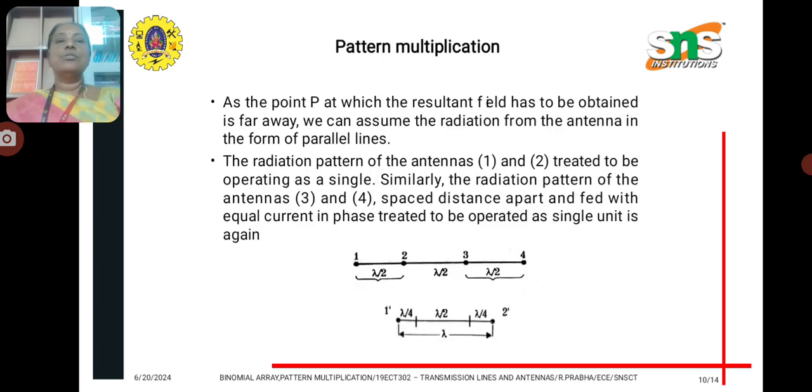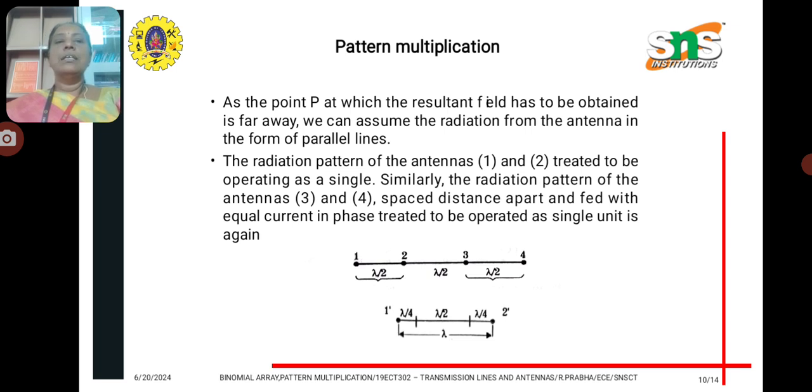According to the pattern multiplication method, for finding the individual pattern, we have to find the radiation pattern due to antennas 1 and 2. We know that for two antennas having equal amplitude and equal phase separated by lambda by 2 distance, the radiation pattern is an 8-shaped pattern, and this is the case of the unit pattern.